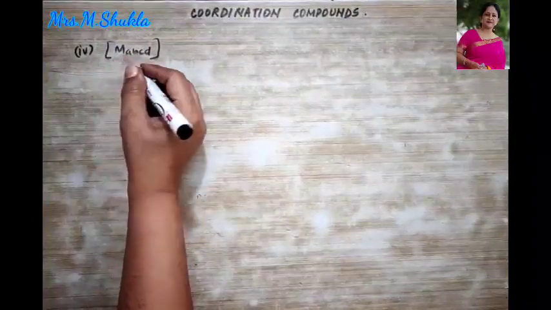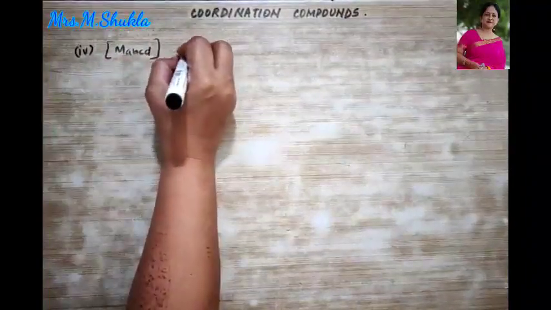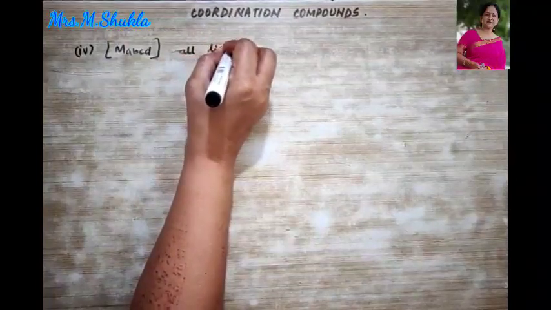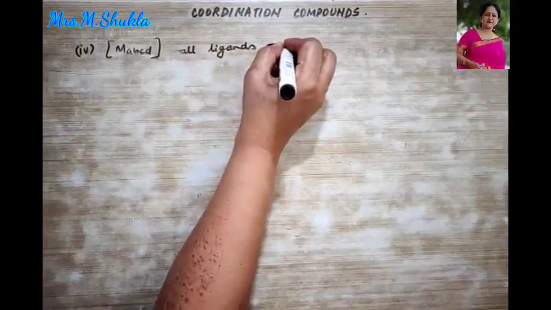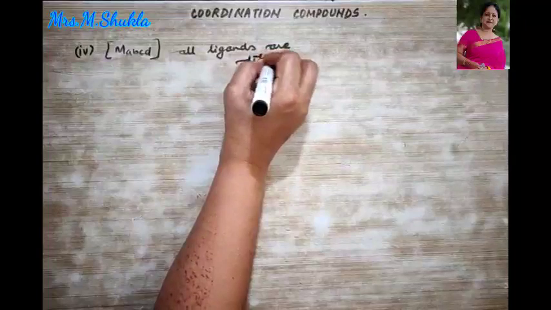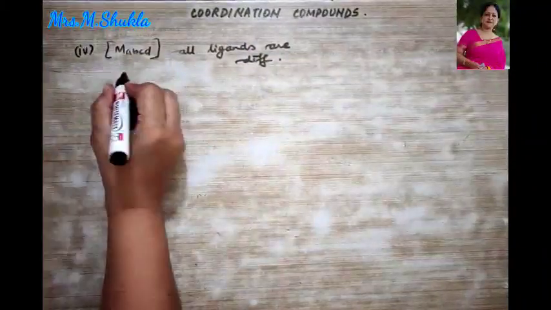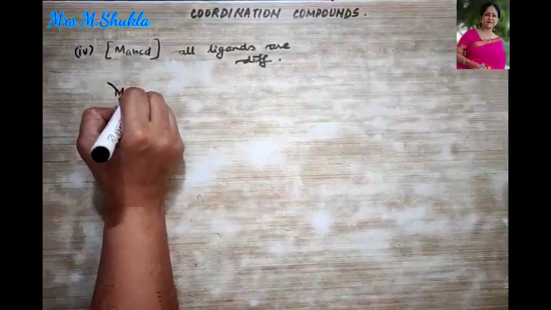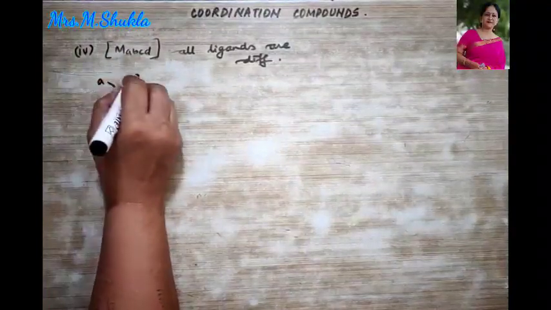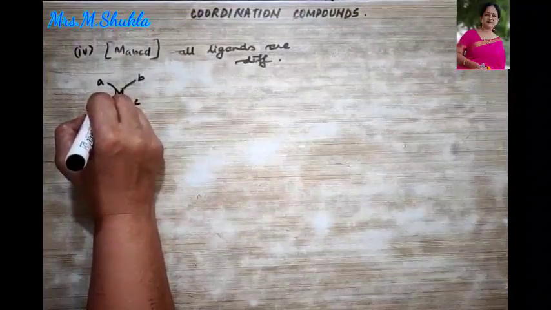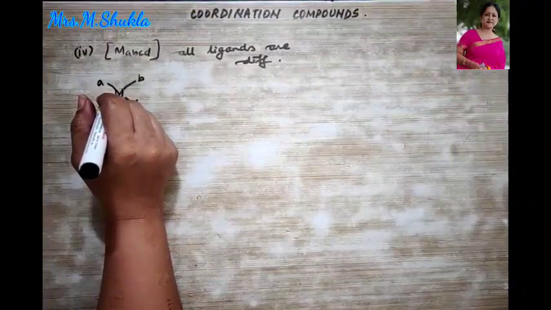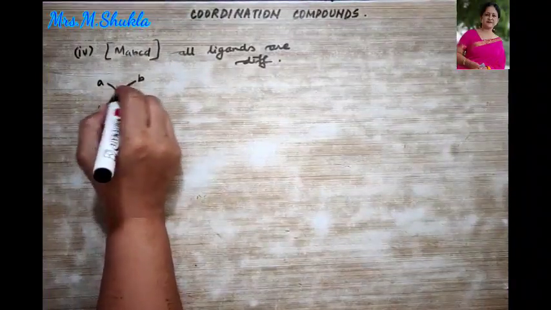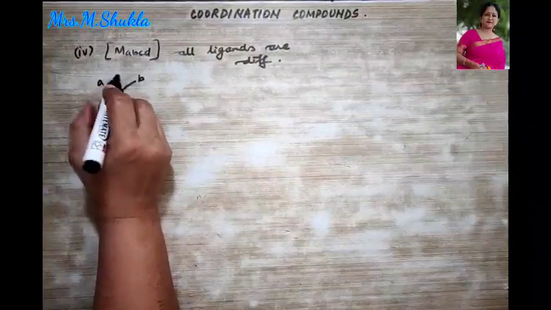Let's observe over here. All ligands are different. So the first possibility could be M with A, B, C, D.